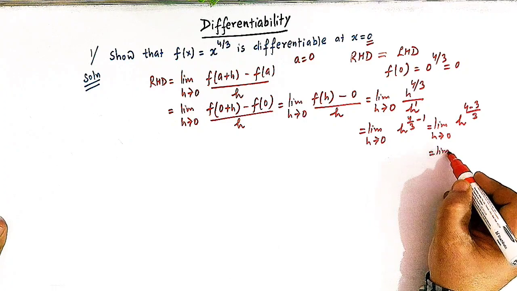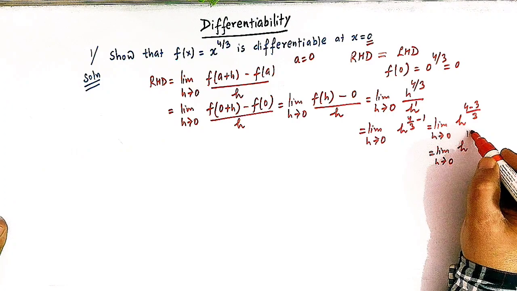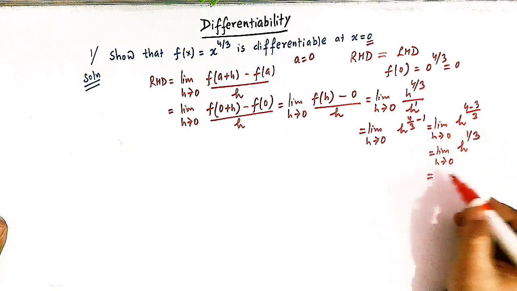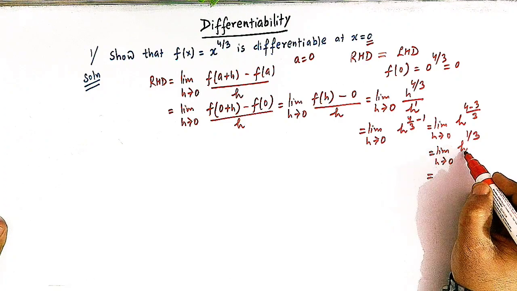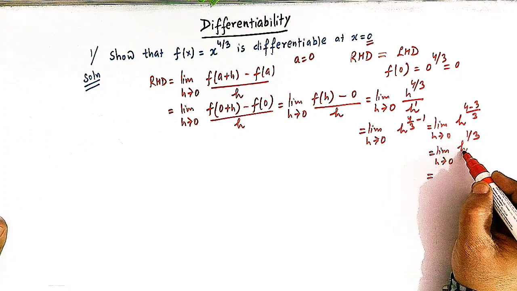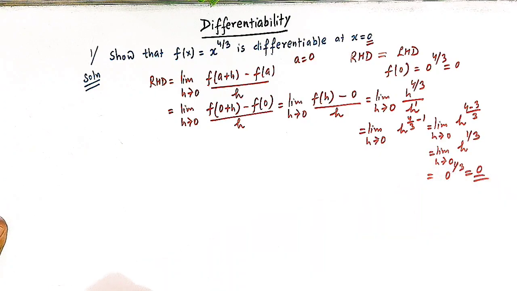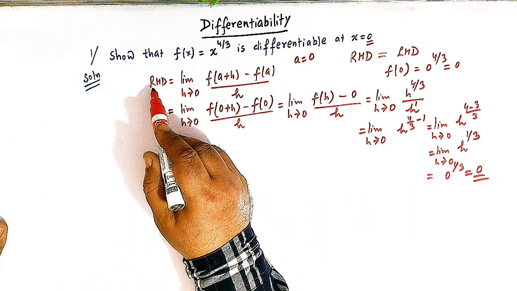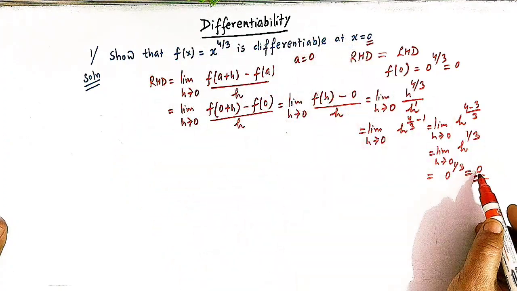So we have limit h tends to 0, and this is h raised to 1 over 3. And now taking h is equal to 0, we have 0 raised to 1 over 3, that is equal to 0. So the right hand derivative of this function at x is equal to 0 is 0.